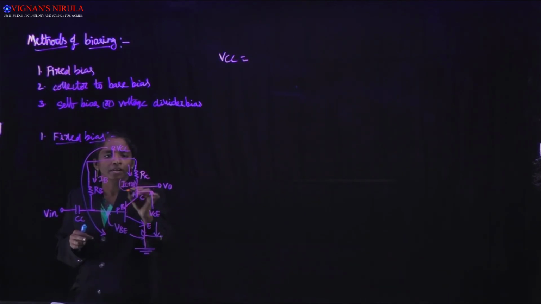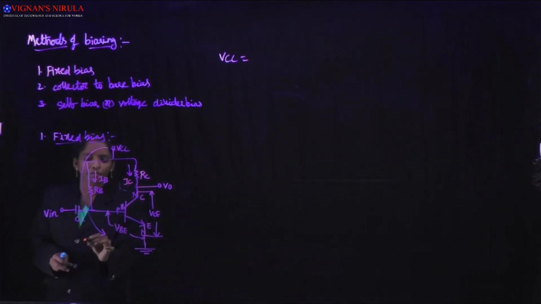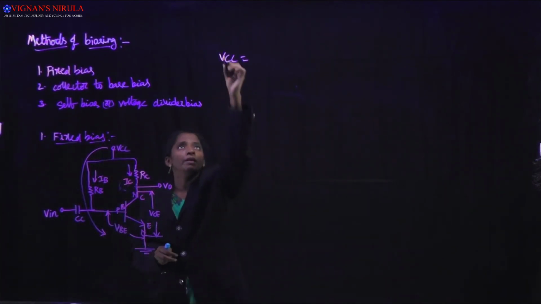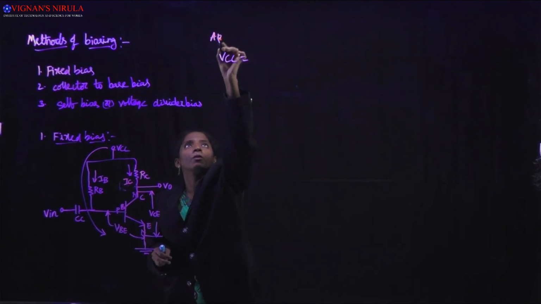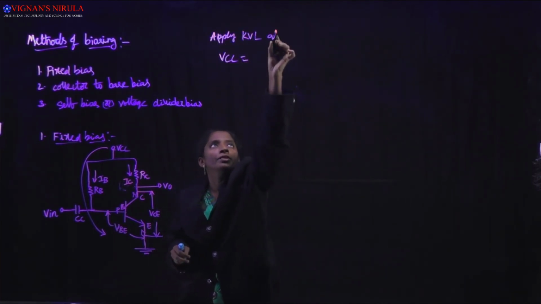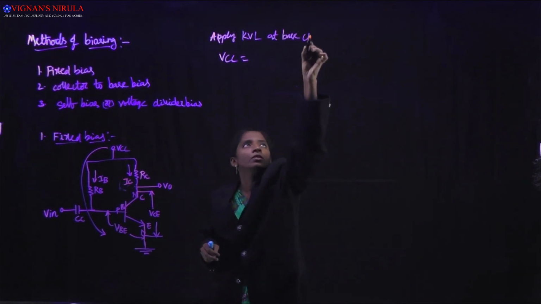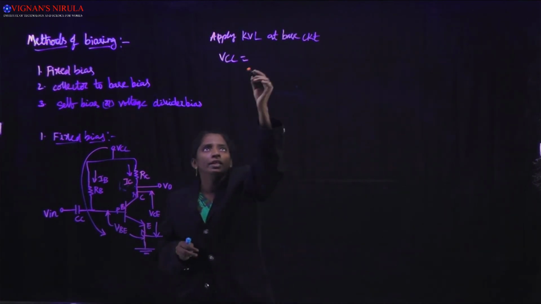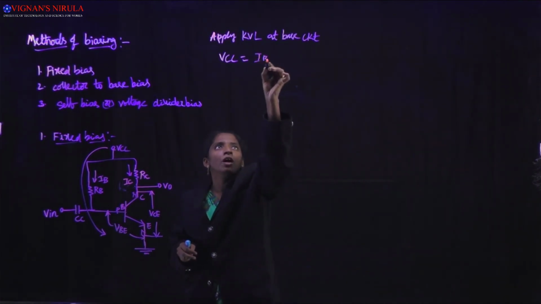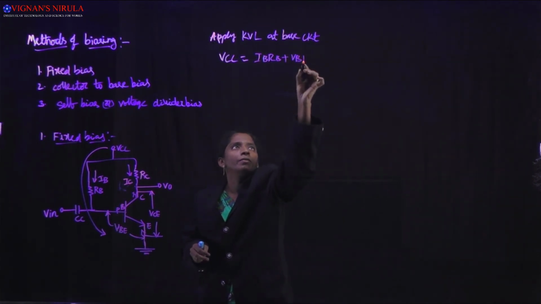Applying KVL at the base circuit, we get VCC equal to IB into RB plus VBE.